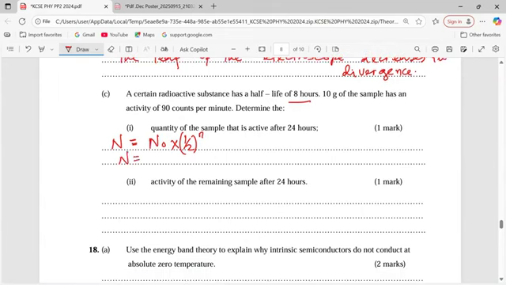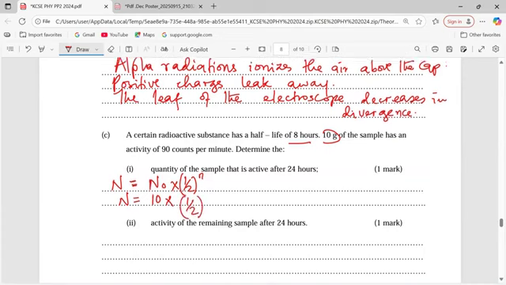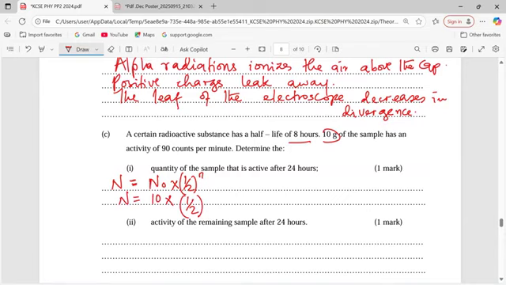Therefore, the remaining mass shall be original, which is 10, times half, raised to n. If one half-life is 8 hours, how many half-lives are in 24 hours? 24 over 8, which is just 3. So 10 multiplied by 1 over 8. So 10 divided by 8 gives us 1.25 grams.